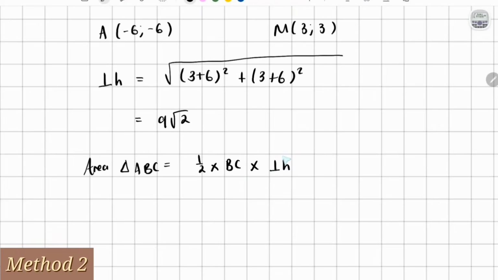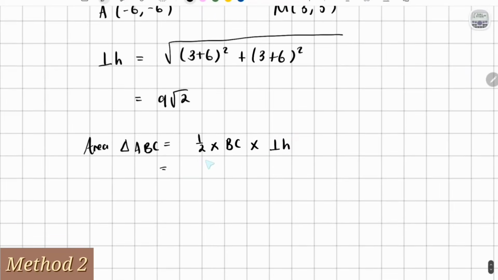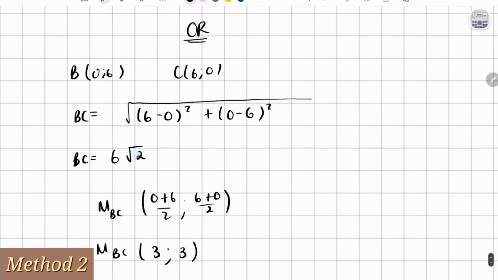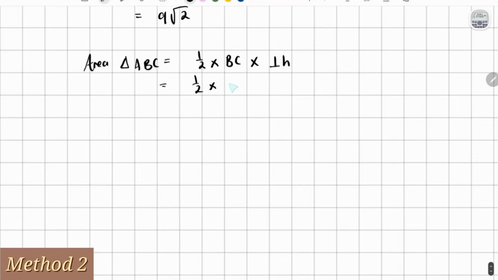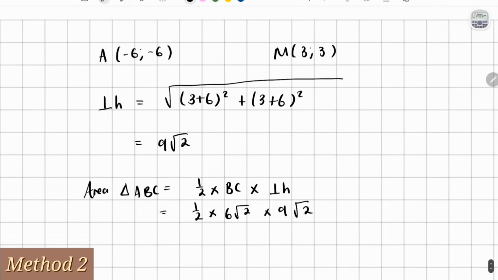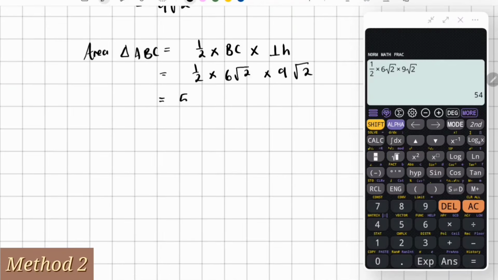So that is a half multiplied by BC, which we know was 6 square root of 2, multiplied by the perpendicular height, which is 9 square root of 2. And there, again, we get 54 units.